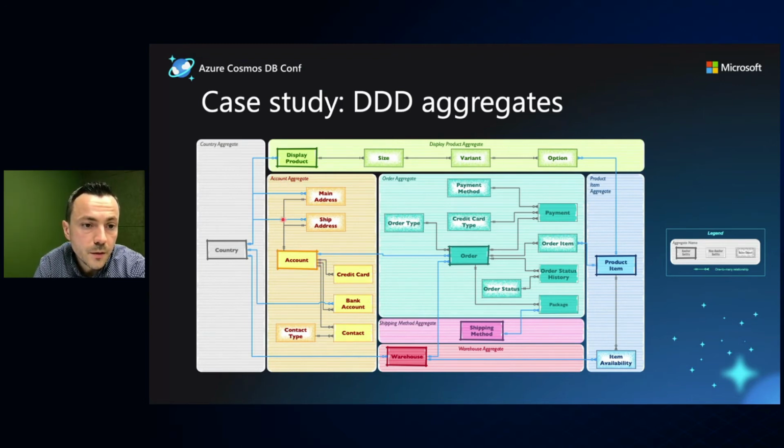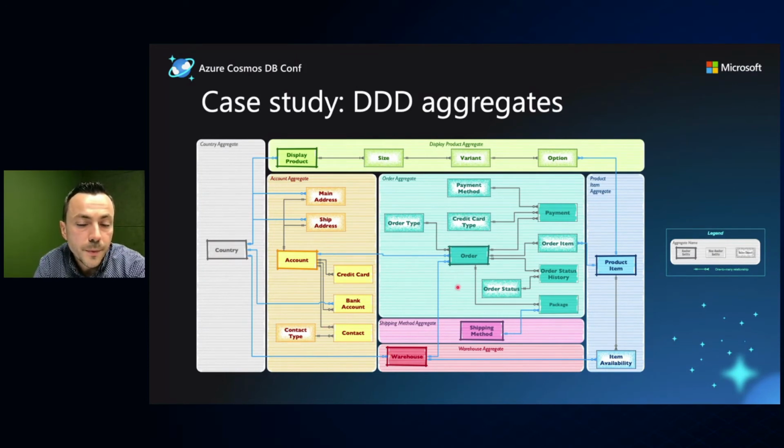For example, the account aggregate has its own root entity, a list of non-root entities, and these stippled boxes represent the value objects. For account, we designed credit card, bank account, and contacts as non-root entities. Main address, ship address, and contact types are value objects.